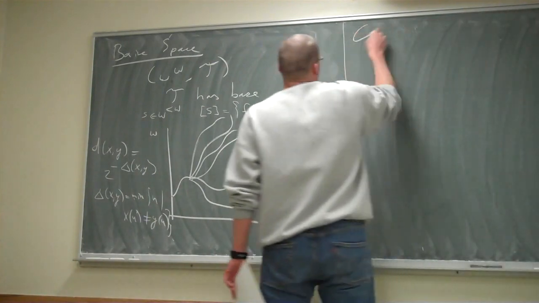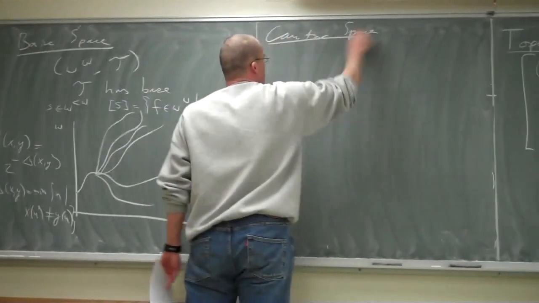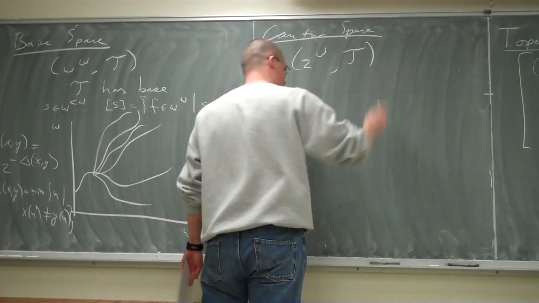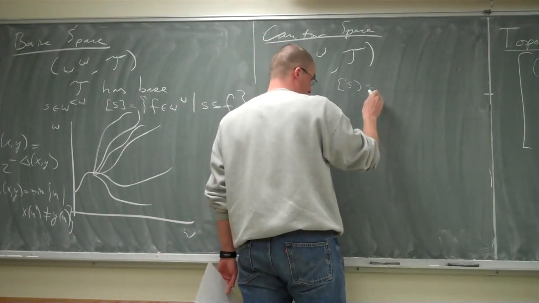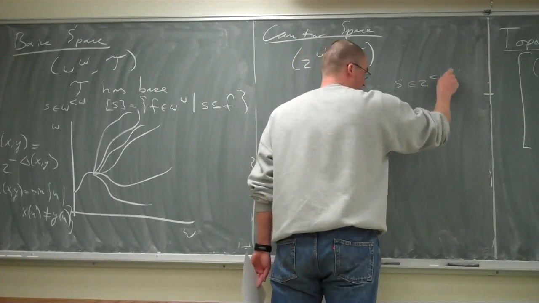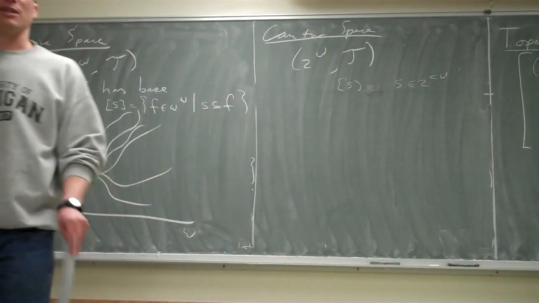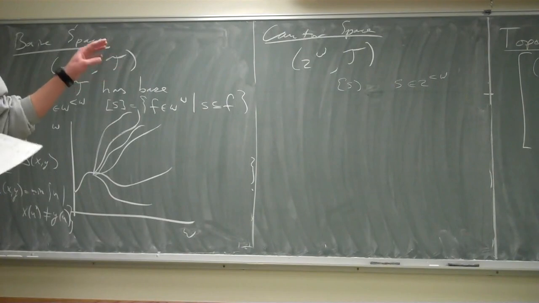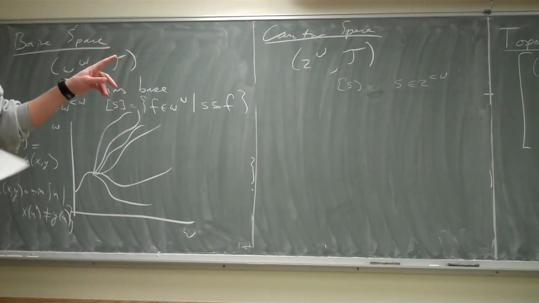The other space we care about is Cantor space. This is 2 to the omega with the topology, and here the topology is just generated by these same sets. But now S is in 2 to the less than omega. Now again, I need to explain myself a little bit. 2, the natural number 2 is a representative of the set {0, 1}.